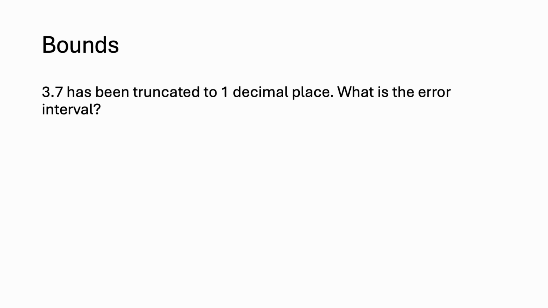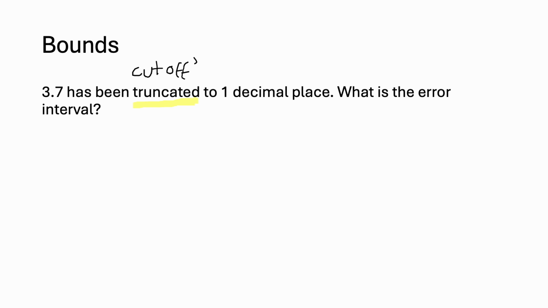Okay, this one here, 3.7 has been truncated. Very important. Truncated means cut off, well, how I like to see it anyway, to 1 decimal place. What is the error interval? So remember that truncate essentially means cut off.